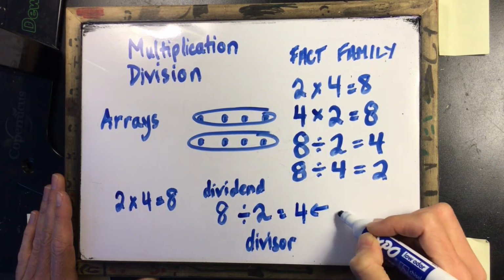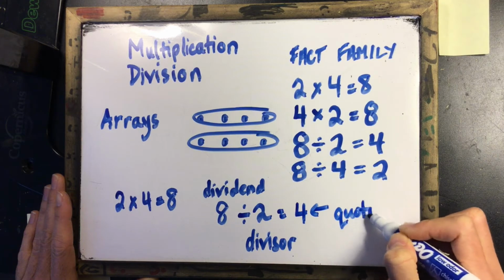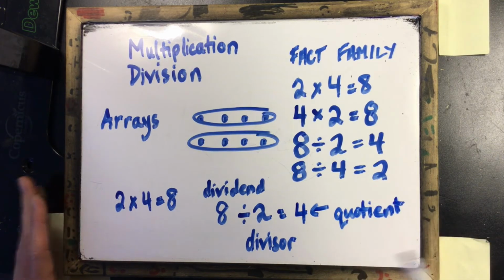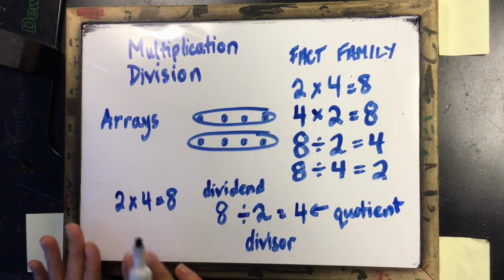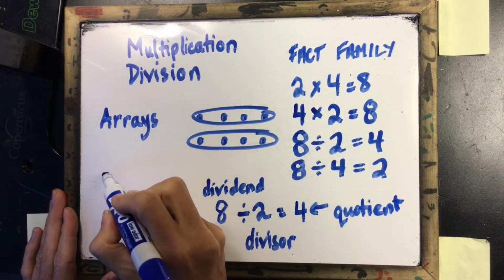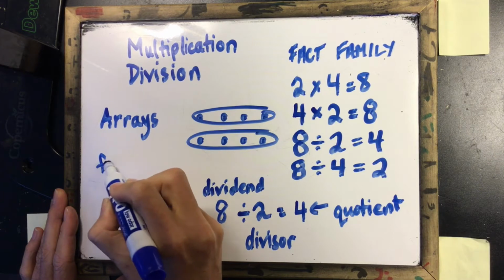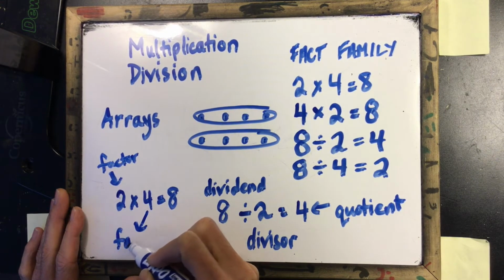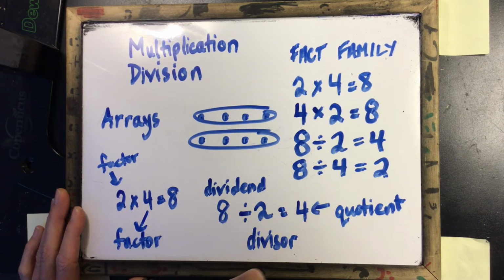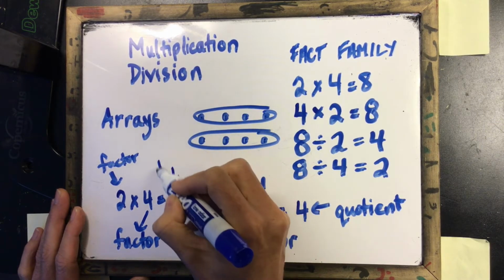And the quotient's right here. Okay, when we talk about the multiplication, we have here a factor. We have another factor. And then we also have the product.